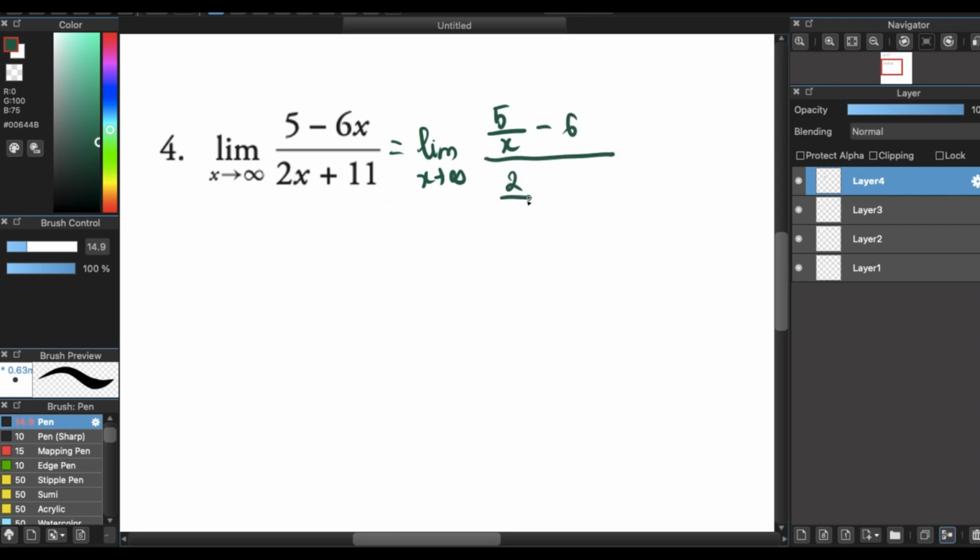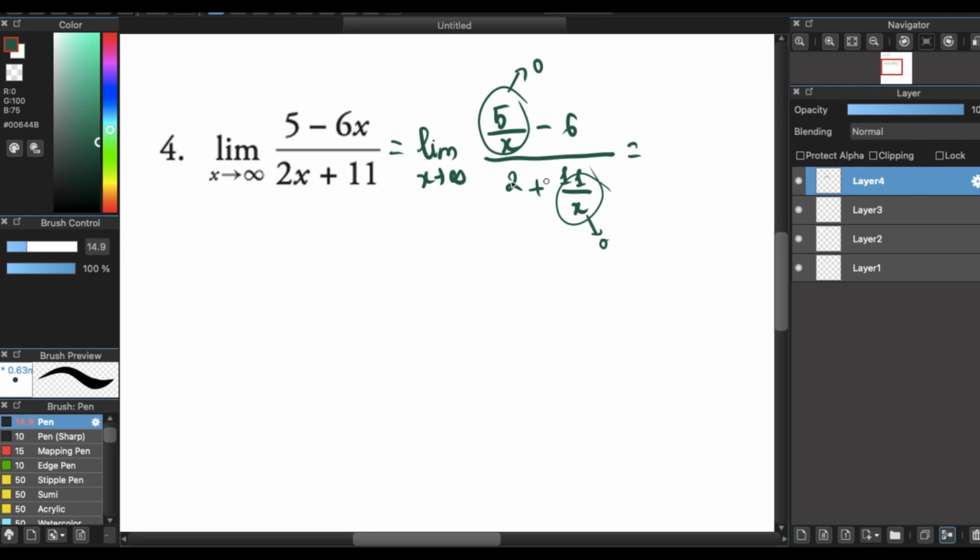As you can see that, oops, a mistake. When x is increasing and not going to stop, then we're going to have this and this being closer to 0.